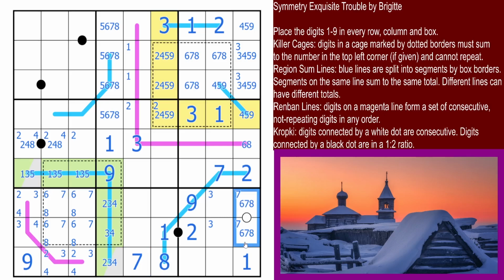Yeah, we don't know this. So 8, 7, 1, 2, 3, 1. And now 9, 8. 9 is one of these now, right? In this box, 9 is not here. 9 is not here.